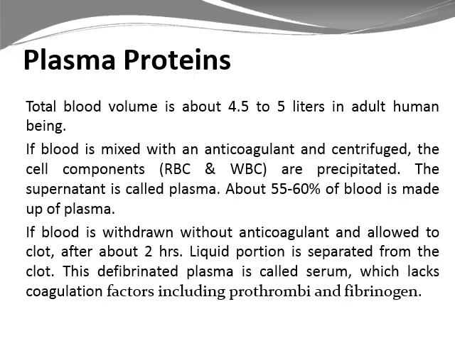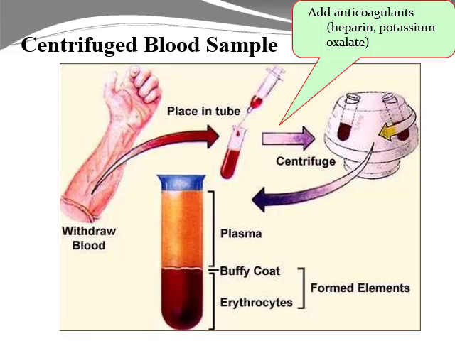If you see the following images, maybe it will help you understand in a clearer manner. See here. If you withdraw blood and add an anticoagulant, it will prevent the coagulation of the blood. Then if you centrifuge it, you'll get something like this, where the blood cells deposit at the bottom, whereas the top portion, the supernatant, is the liquid portion of the blood.